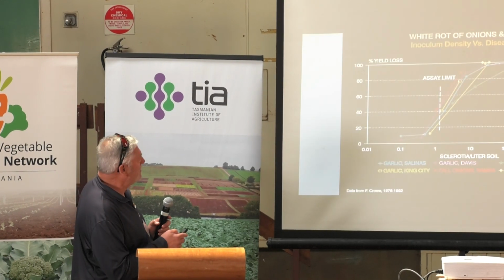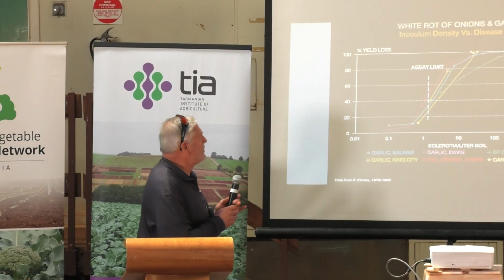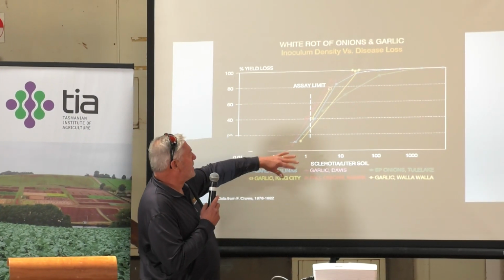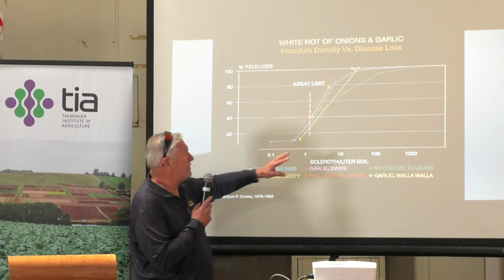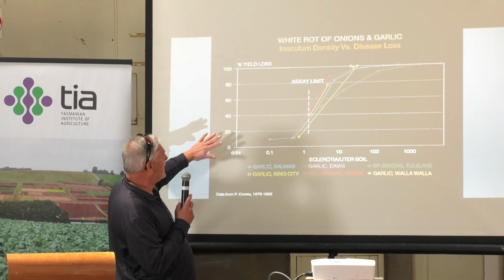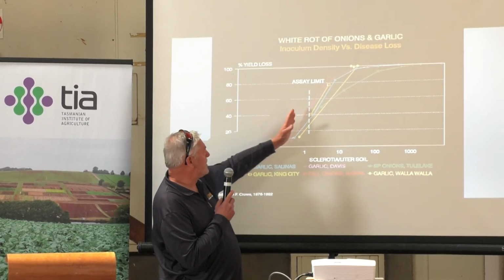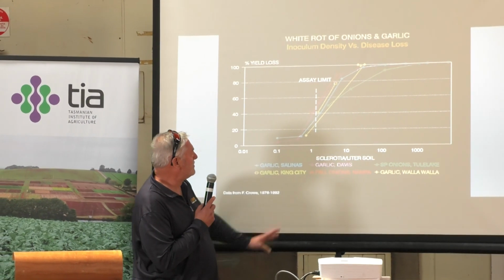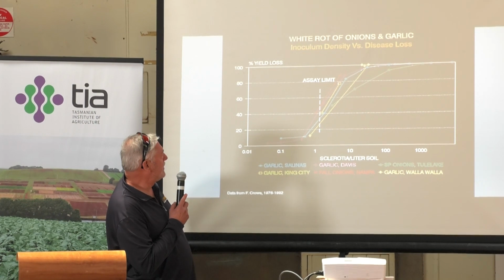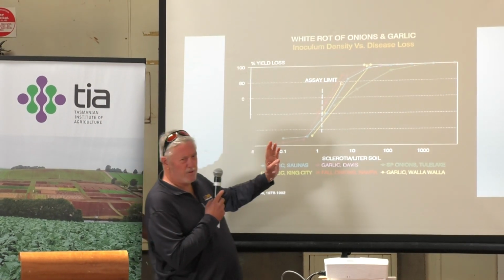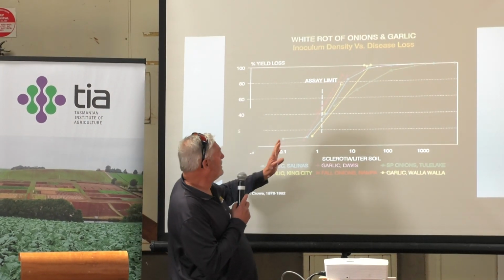Okay. And this just shows you a set of curves at the end point at harvest. Most of these are garlic curves. Some are onion for overwintered onions. And you can see at the detection level of our inoculum assay, we can lose 30, 40, sometimes even 50% of the crop. So our soil assay really is not that good.